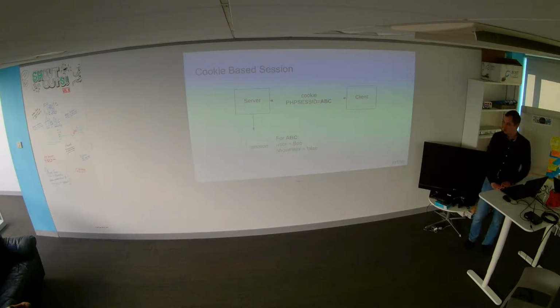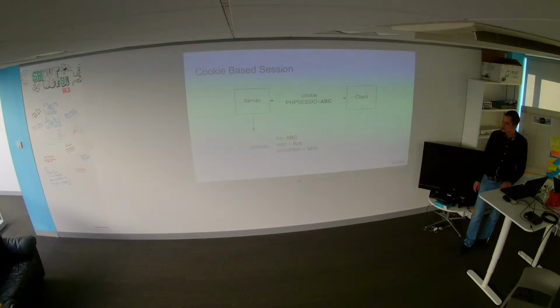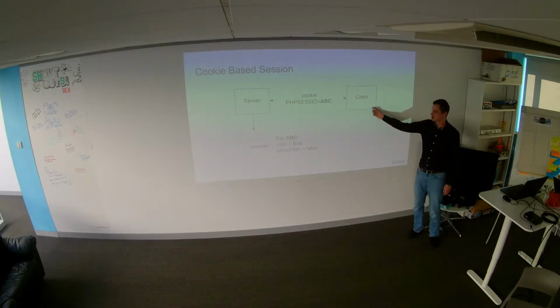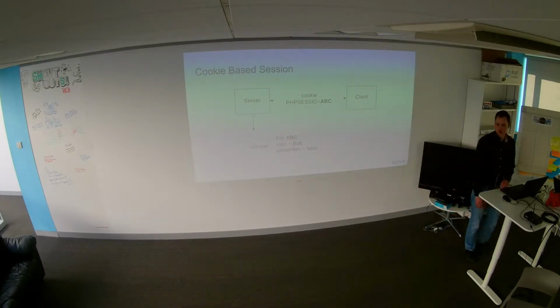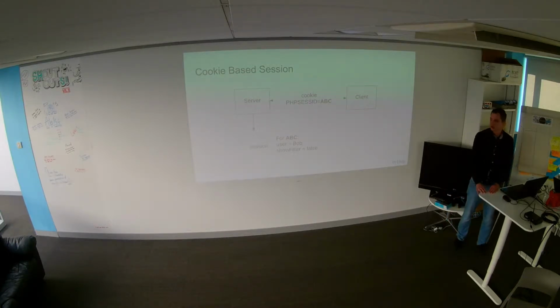Okay, cookie-based session. So all of you probably know this, but a client, that's a browser and a person sitting in front of a computer, makes some request to a server for a web page, and this server issues something called session ID. The session ID is issued as a cookie, and it's meant to be hard to guess, and it's meant to identify this client throughout the requests within some period of time.